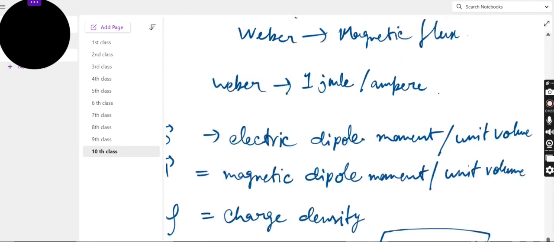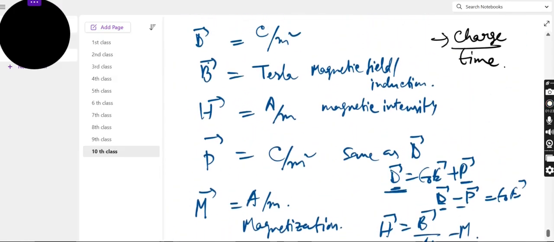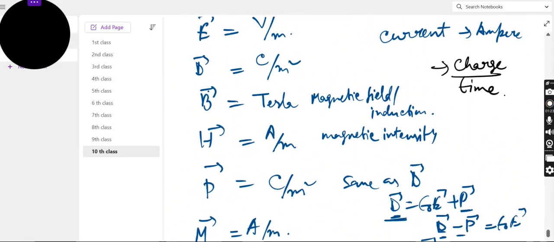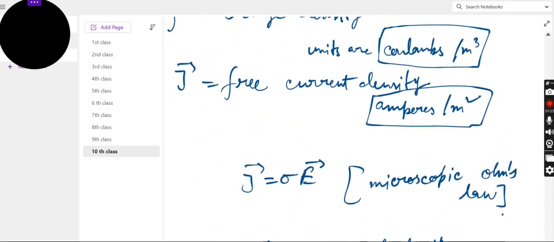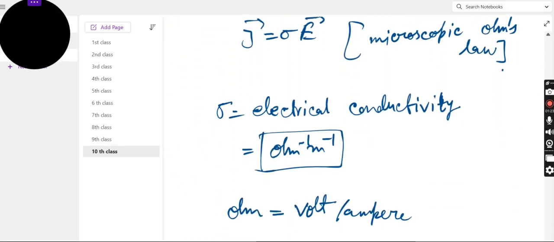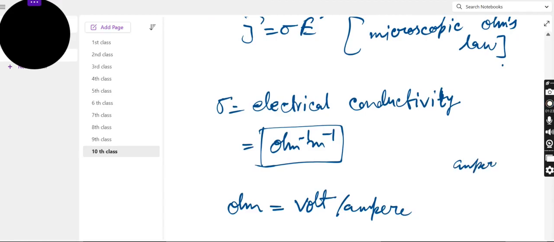So see, electric field is volt per meter and J is amperes per meter square. So sigma is J by E, the meter cancels out. So basically sigma is ampere by volt, per meter.